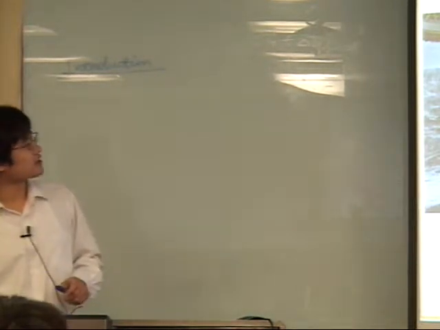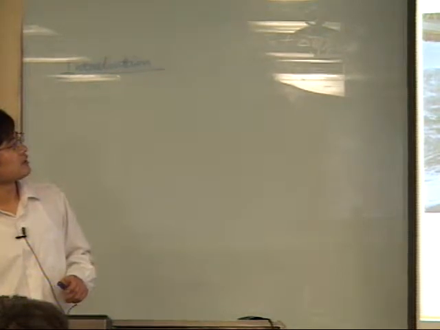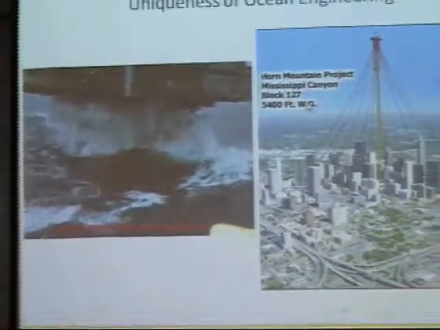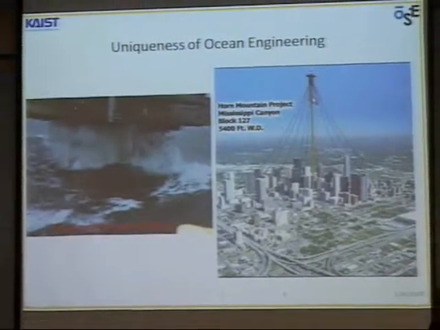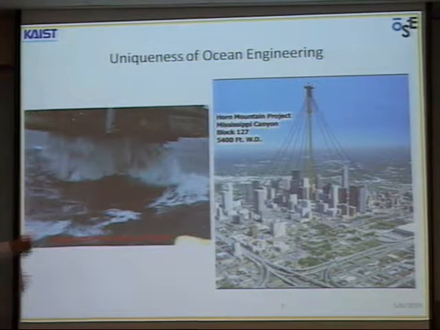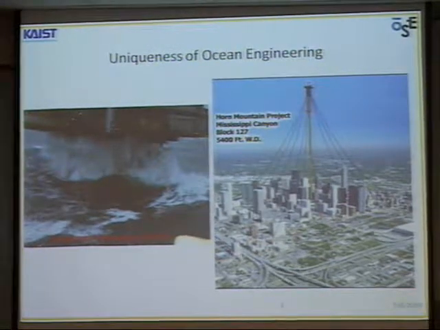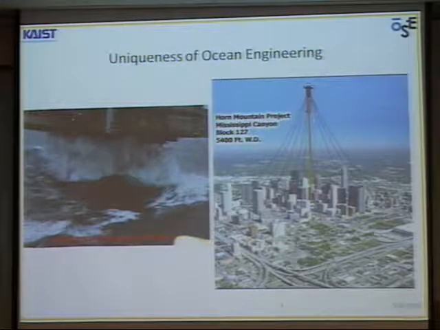This picture you have probably seen from somewhere. This is a spar, I think. If we move the spar from the sea and put it on top of this city, which I think is Houston, you can see the size of this spar.